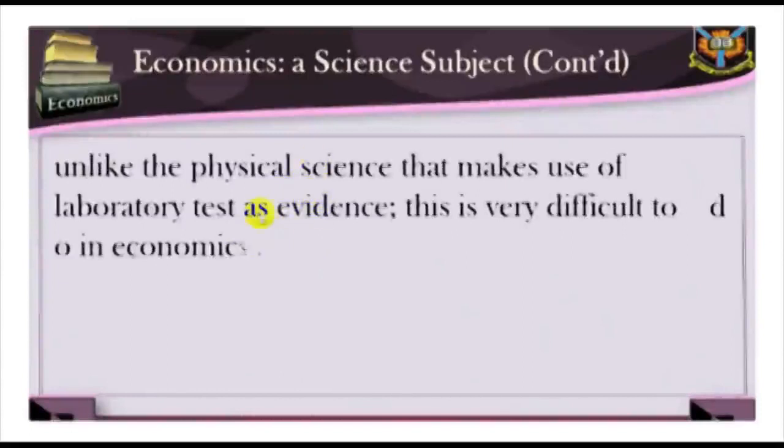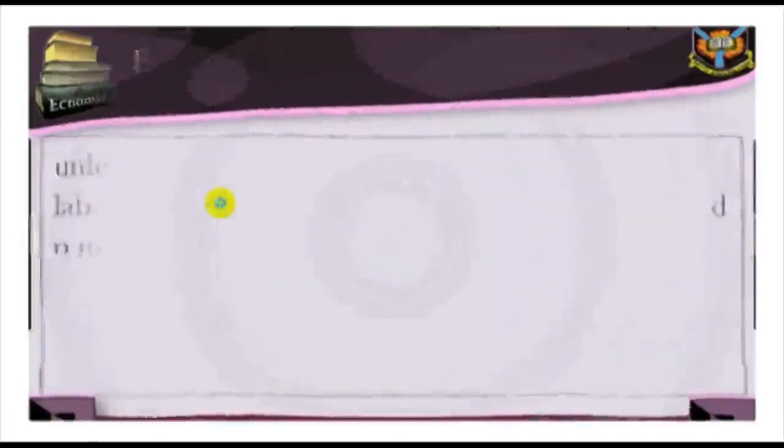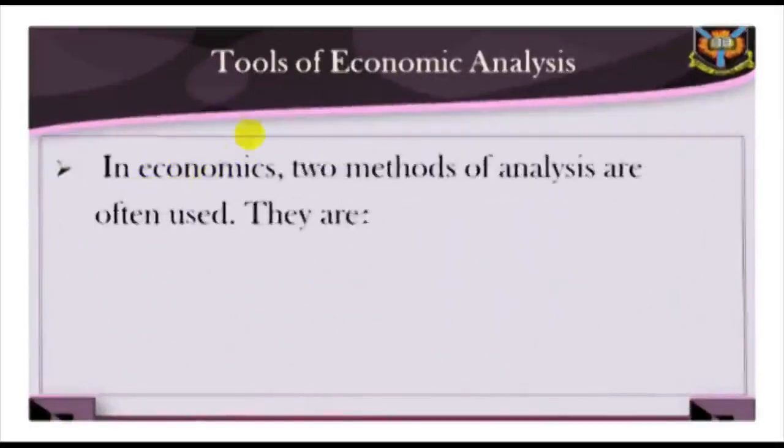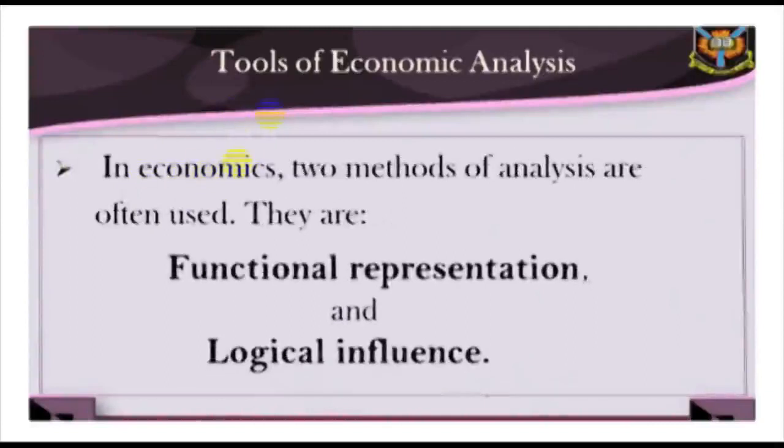While such tests are usually carried out in laboratory settings in the physical sciences, this is very difficult to do in economics. But all the same, data are collected on the subject of interest, and statistical and mathematical tools are then used to see whether available data confirms the predictions of the hypothesis. Thus, economics is regarded as scientific in as much as it attempts to relate questions to evidence.